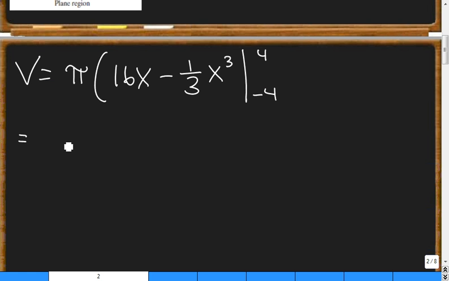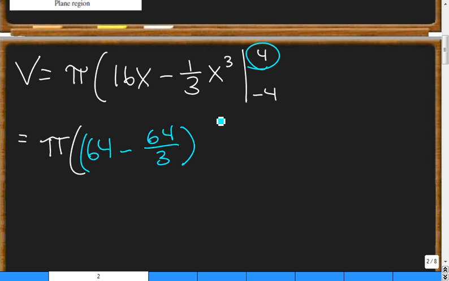So this is going to equal pi times, we plug in 4, we get 16 times 4 is 64, minus 1/3 of 64, or 64 thirds. We then subtract away, plugging in our lower bound. So this becomes negative 64, and then this is going to be a positive 64 thirds.